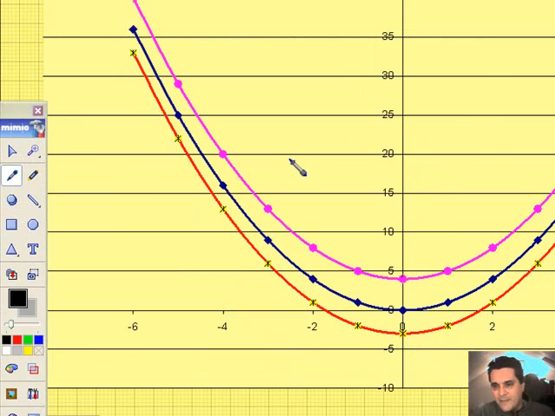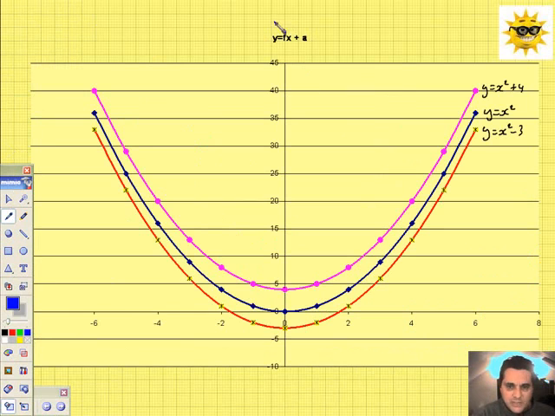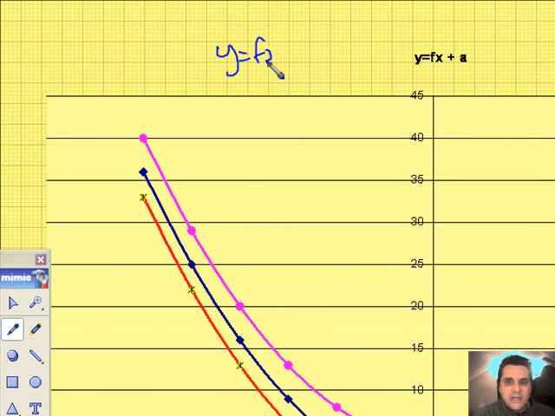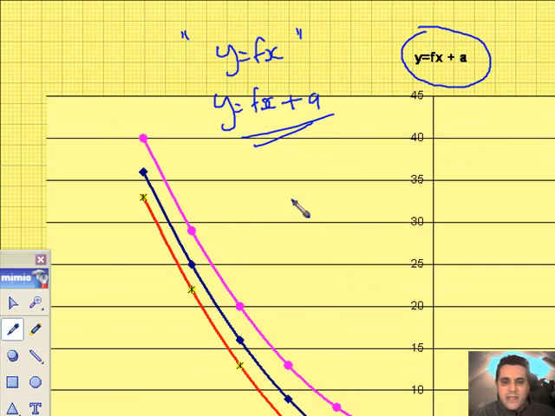to spot and identify. So in very general terms then, if we have a function, any random equation like y equals something to do with x, this is the most generic equation going, y equals some function of x. As soon as I come across y equals some function of x plus something, plus a, then the graph is shifted upwards a units or downwards a units, should that be a negative value.